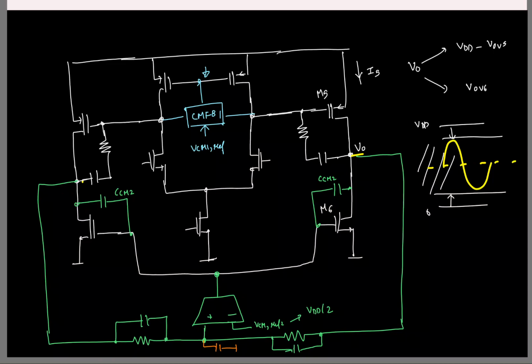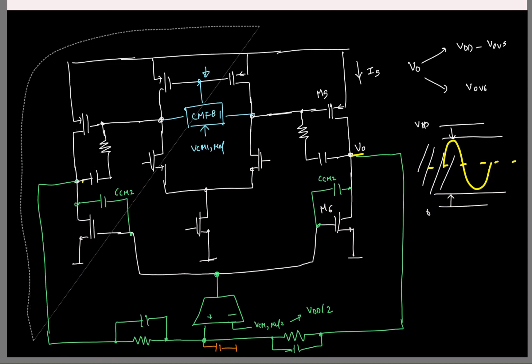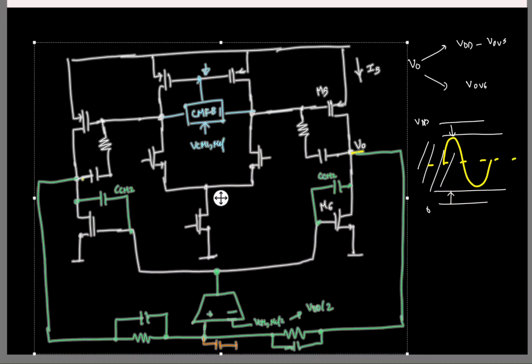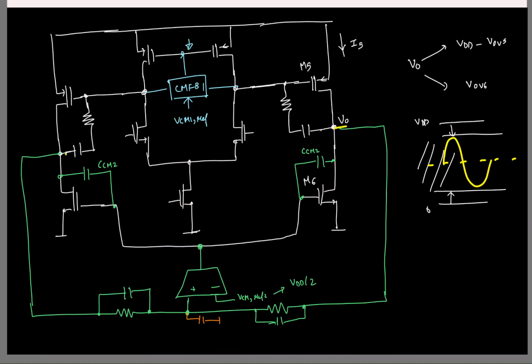Okay, so one last thing. So this OTA here, what kind of an input stage can I use, NMOS or a PMOS here? Again, the choice is made based on where the first stage is connected to, right?